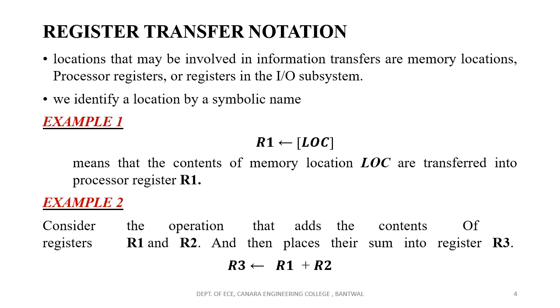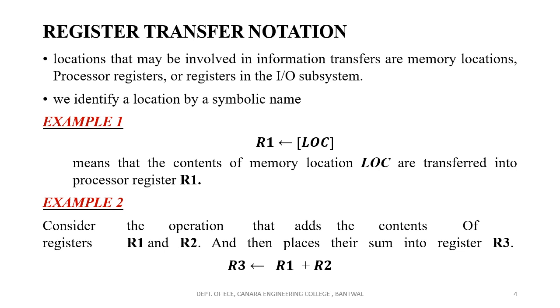Whenever a system executes a certain instruction or performs some task, there are instructions that have a source register as well as a destination, or a source location as well as a destination location. Therefore, a lot of information transfer takes place between one location and another. The location may be a memory location, it may be a processor register, or the transfer may take place between the registers and the IO subsystem.